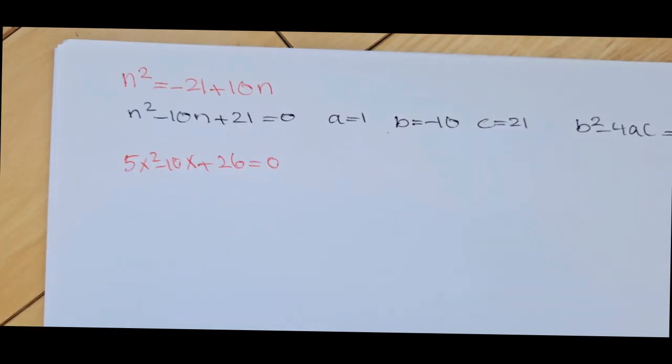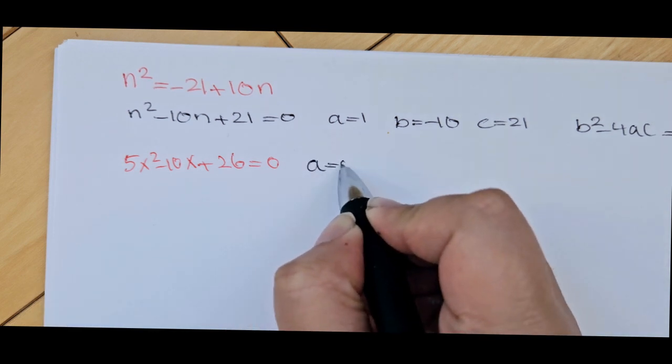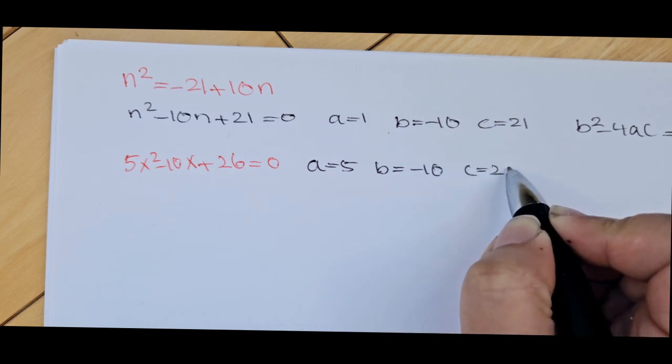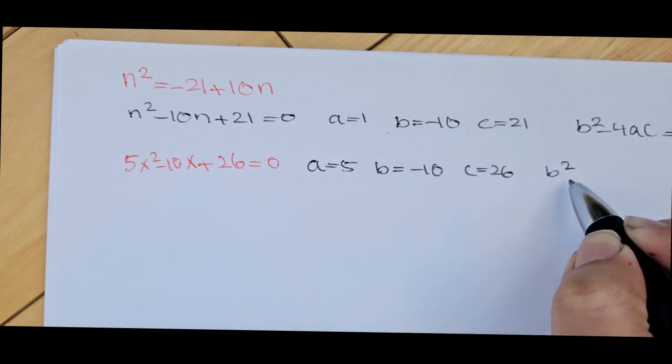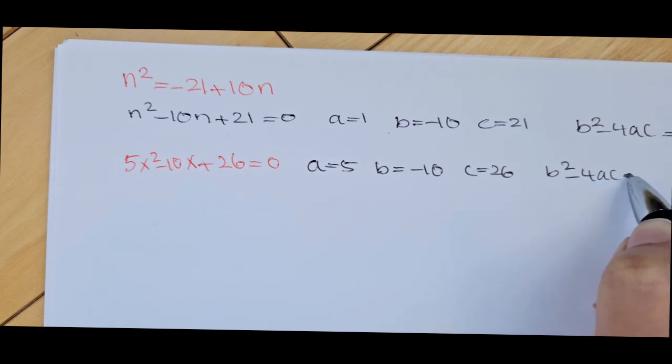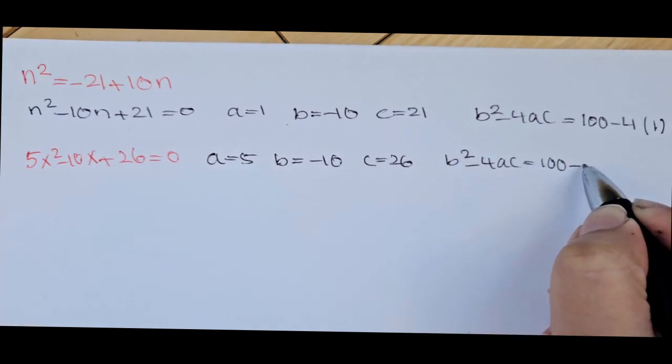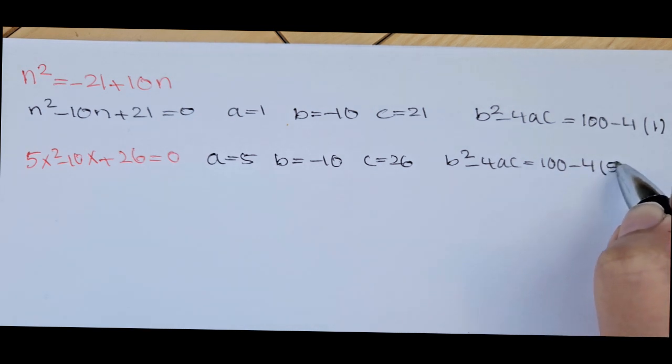Okay, the next question. Here I have another quadratic. Let's start with identifying A, B, C. Again, I write the discriminant formula. B squared would be 100 minus 4 times A is 5, C is 26.